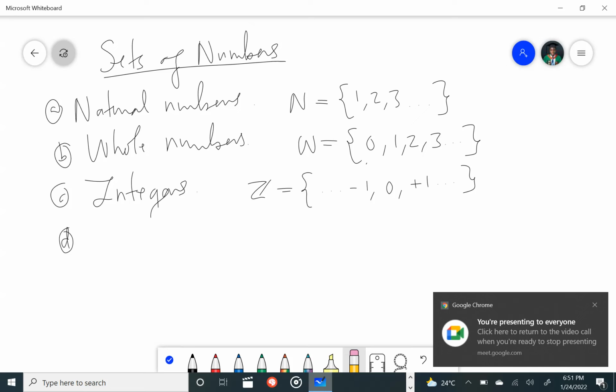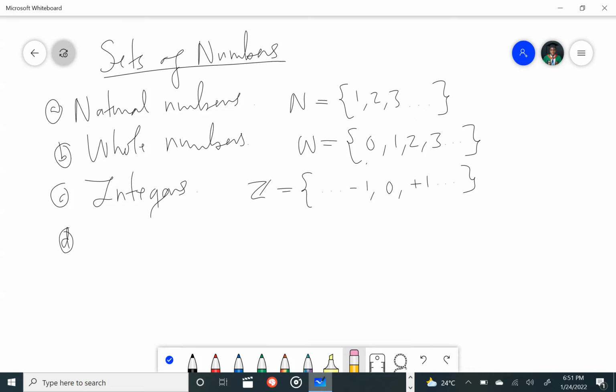Now when we talk about rational numbers, as I was saying, these are interesting. Rational numbers are numbers which can be written in the form m over n.